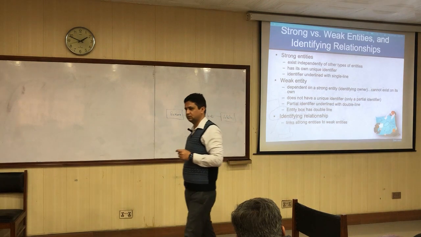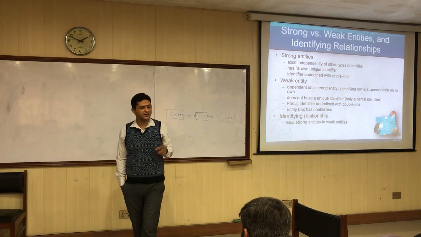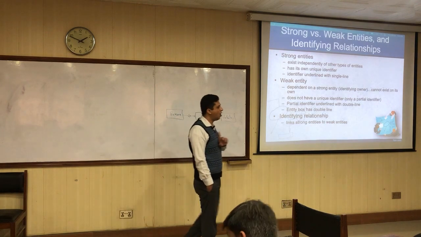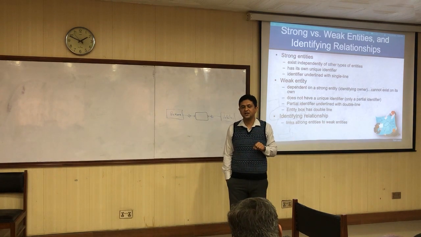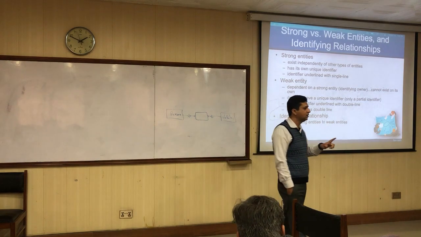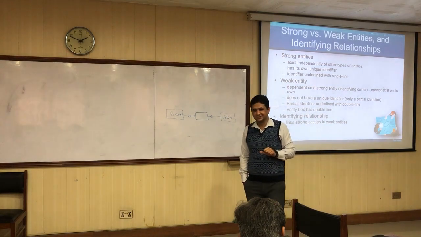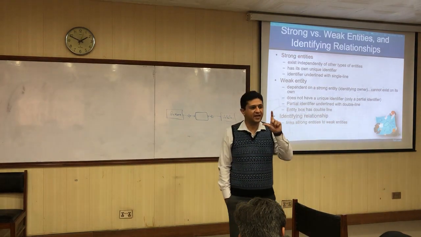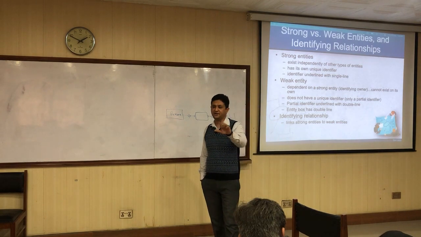And in order to accommodate a weak entity in the database, no identifier is assigned to a weak entity. A weak entity is without its own identifier, which means a weak entity's instance cannot be directly identified.